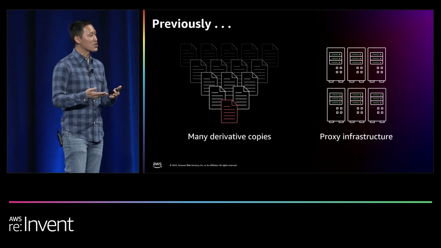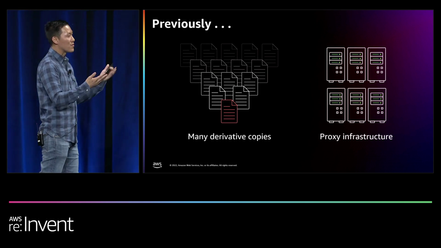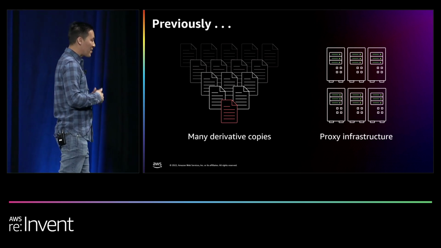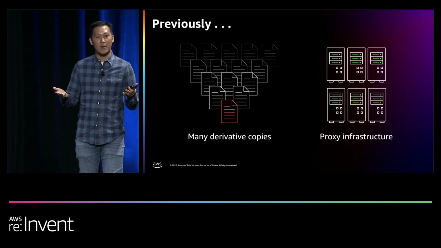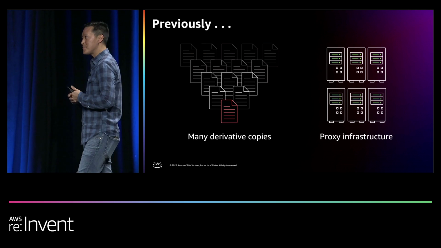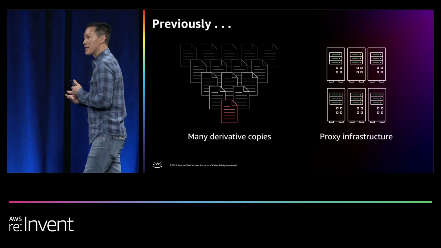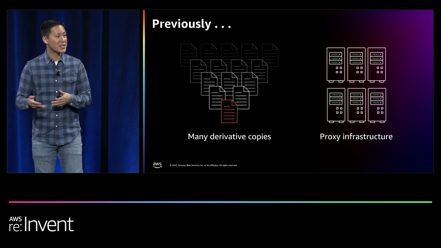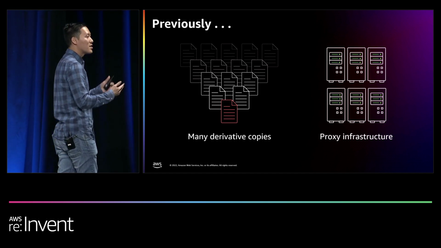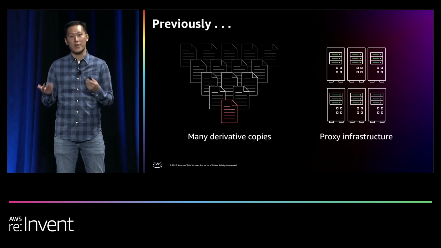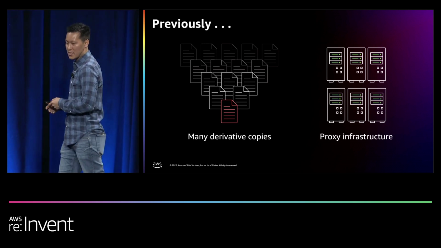I'll trigger a Lambda function, and then I'll maybe translate that into 5 different languages. In that scenario, we've done that in near real time, so we don't have to worry about large-scale batch processing at night. But one thing that you do have to think about is the additional storage cost. So in this scenario, you're actually storing many derivative copies of that same document. It just happens to be in different languages because you wanted to do that as a pre-process.